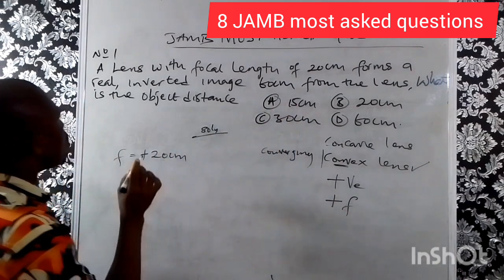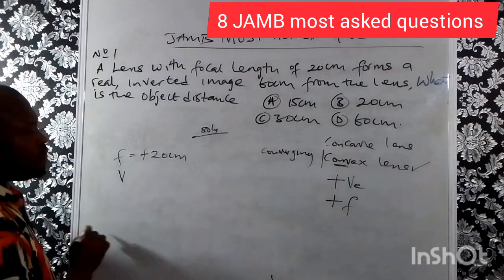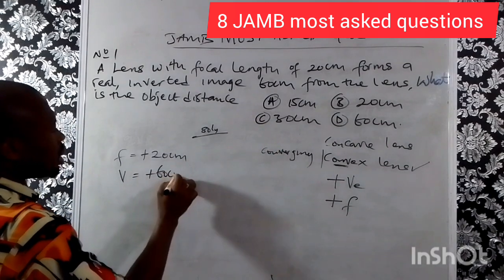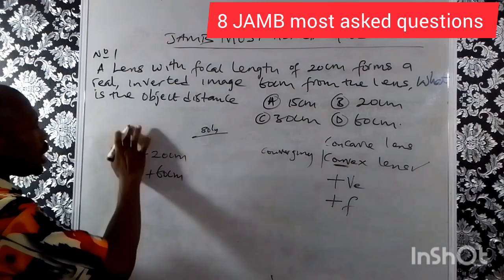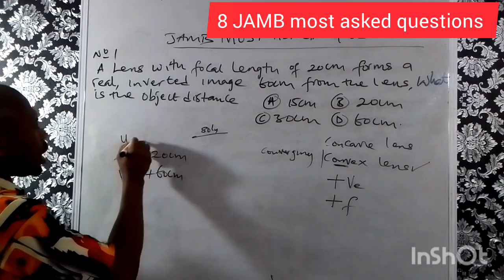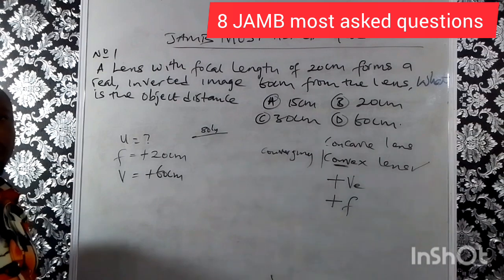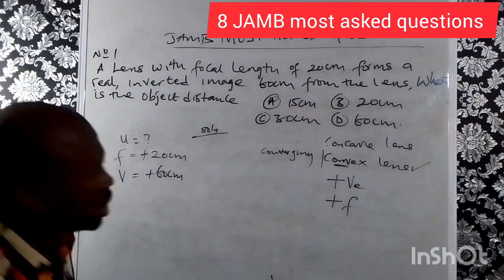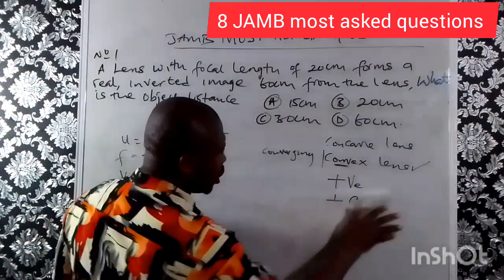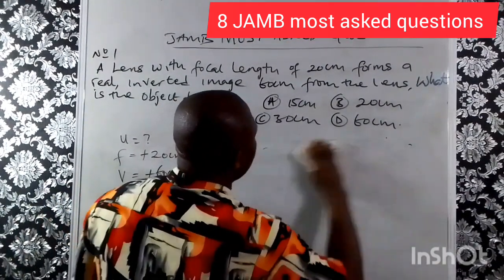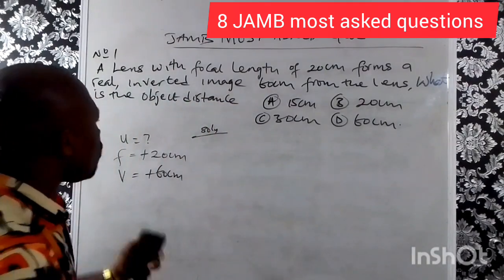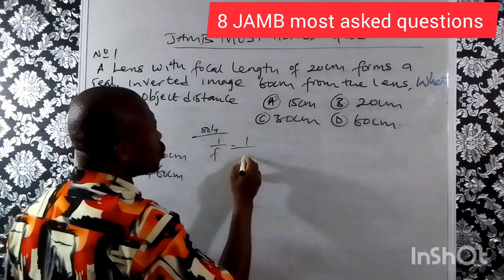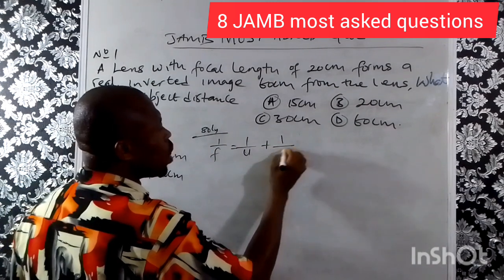Now it forms a real image. The image distance v is still positive, 60 cm. Now the distance of the object is what we shall find out. From here, we have the formula 1 over f is equal to 1 over u plus 1 over v.